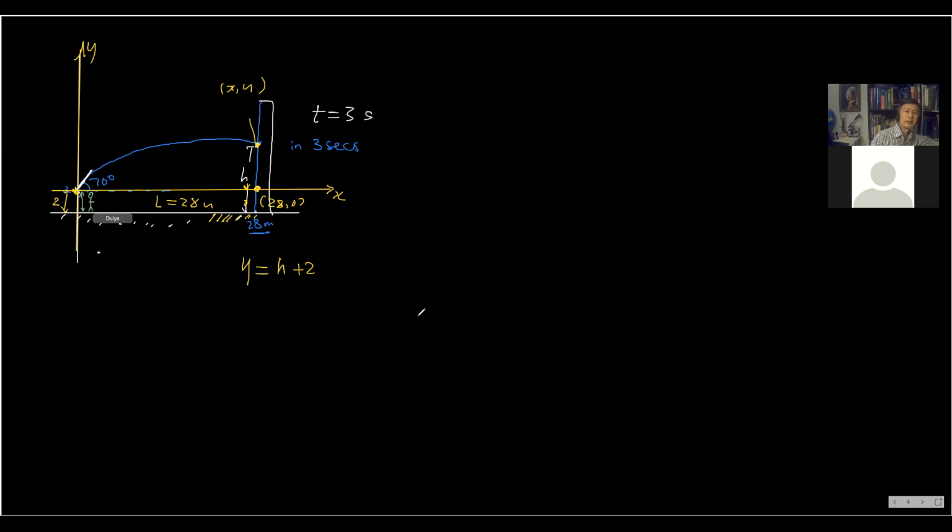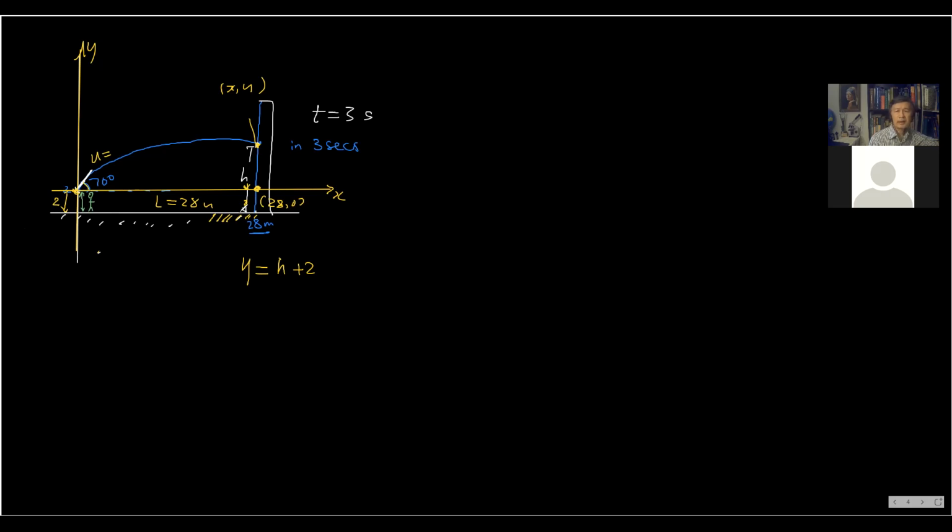Do we know the initial velocity? No, we just know that it passes 28 meters in 3 seconds. We don't know the initial velocity, but we do know the angle, 70 degrees.